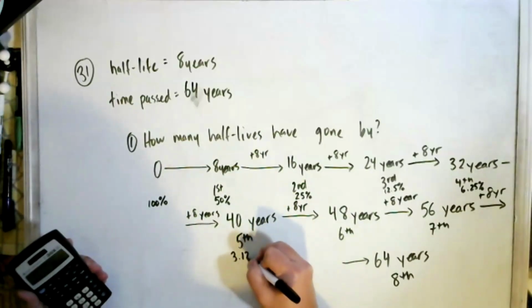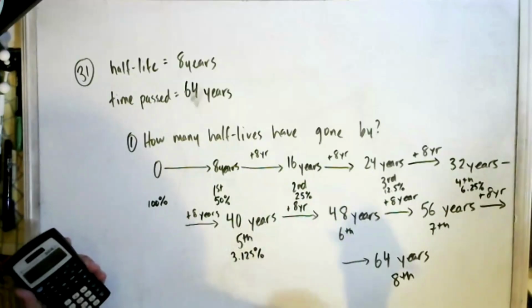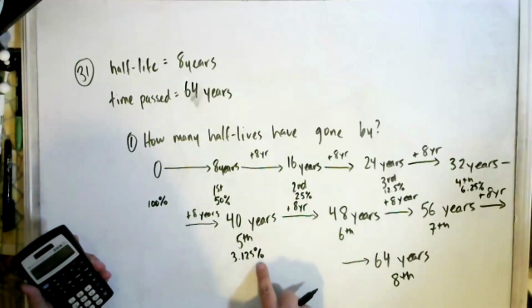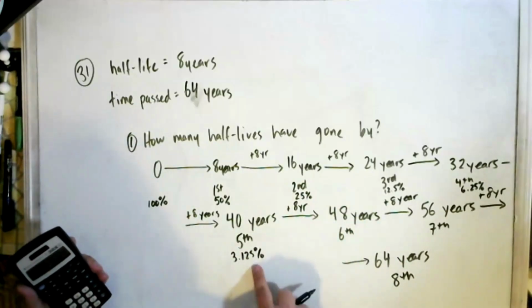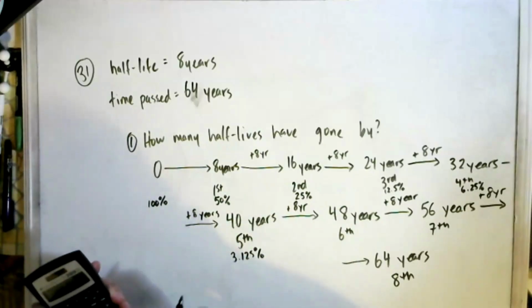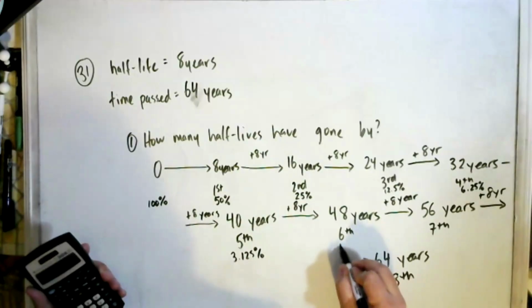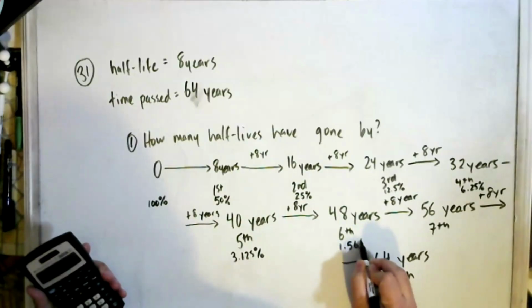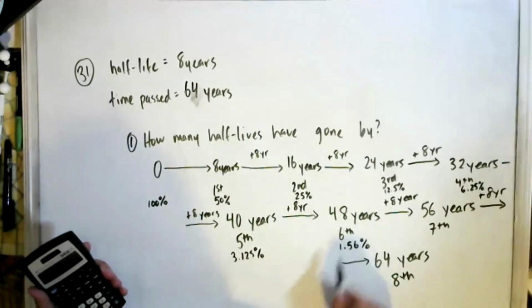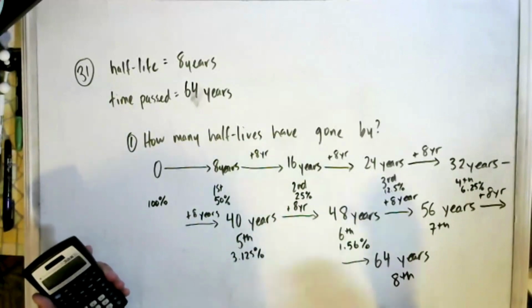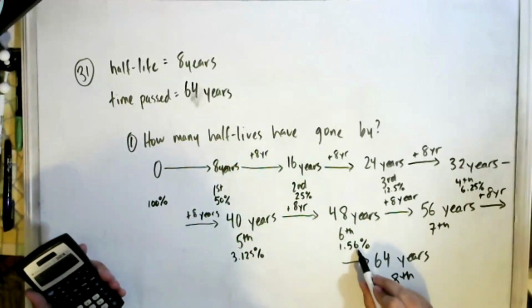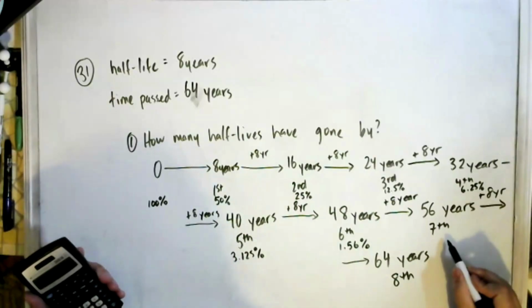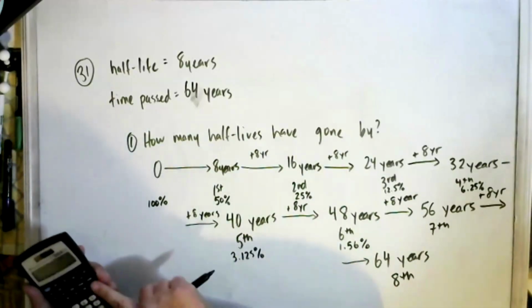And we end up with 3.125%. All right. Then for our sixth half-life, we're going to divide what's left by 2 again. And we end up with 1.56% for our sixth half-life. And we take our 1.56 and we divide it by 2 again for our 7th half-life.